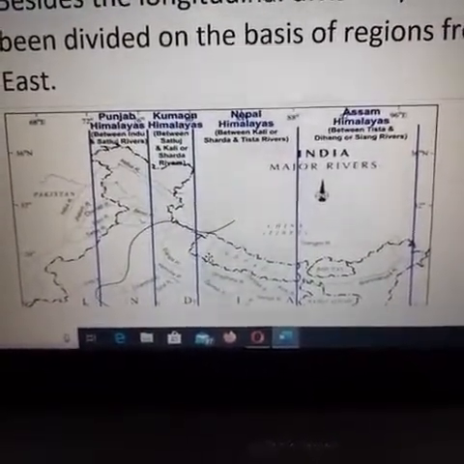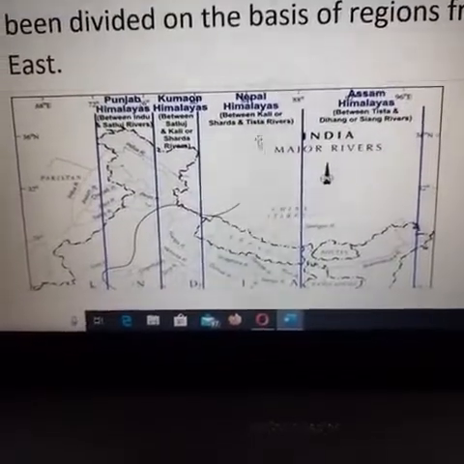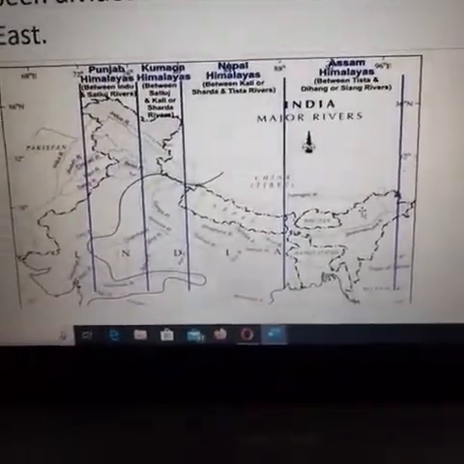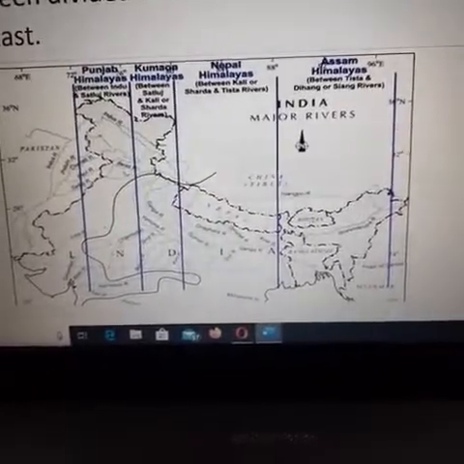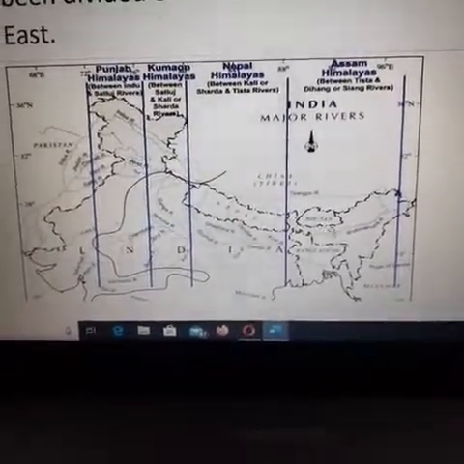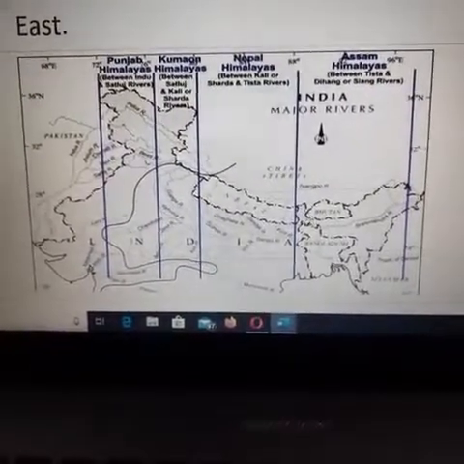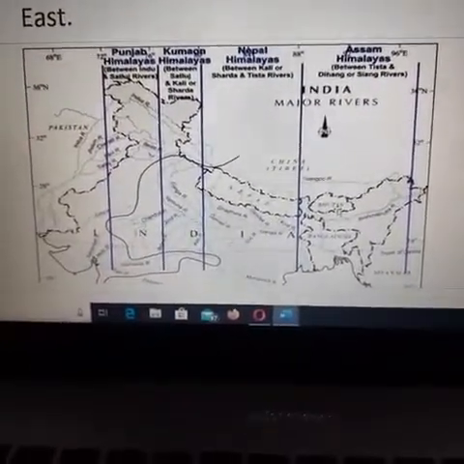In this one, the rivers moving are the Kali, Sharda or Tista river. Okay, children, and the next comes under the Assam Himalayas. You can ask why, since it is also Arunachal Pradesh, but this place is mostly covered by Assam, so it is called the Assam Himalayas. In this one, the rivers moving are the Tista and the Dihang rivers.